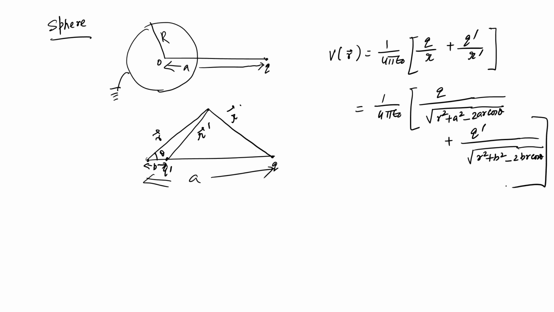Okay. So, that is the potential, and we have to see whether this potential satisfies the boundary condition, and we have two unknowns, q prime and b.